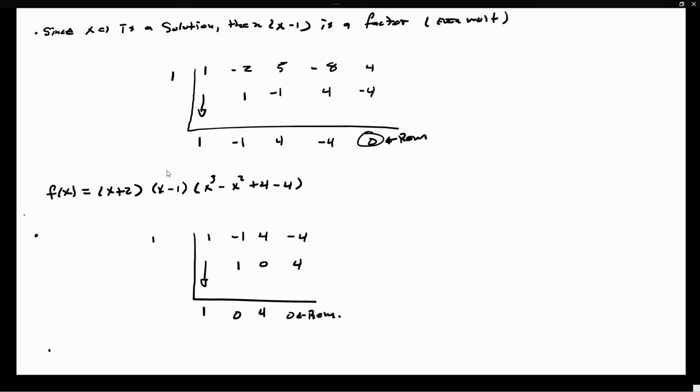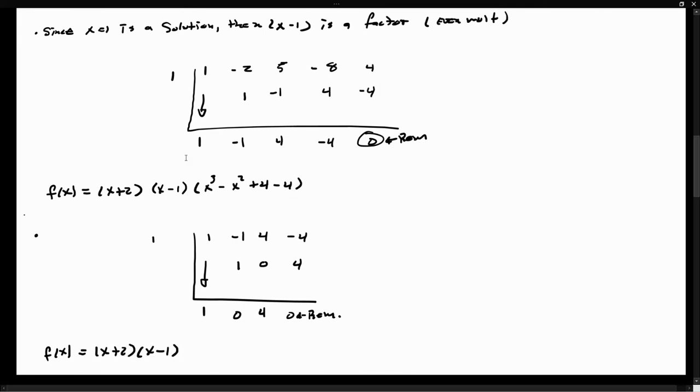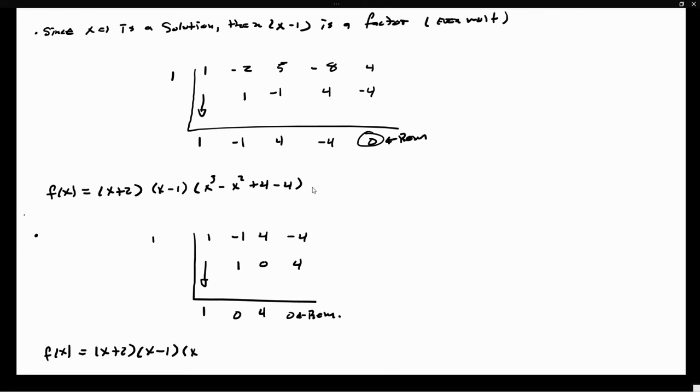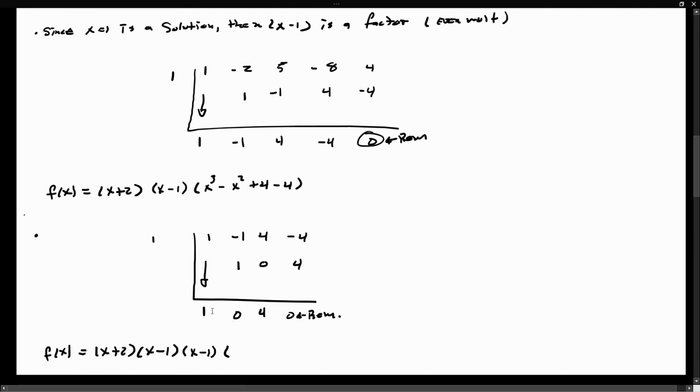So what we have shown is that now we got my first two linear factors. This expression, x to the third minus x squared plus 4x minus 4, is equivalent to factoring out another x minus 1. And now what's remaining is just this, 1, 0, and 4. These are the coefficients of the variables of x to the second, one less than x to the third.